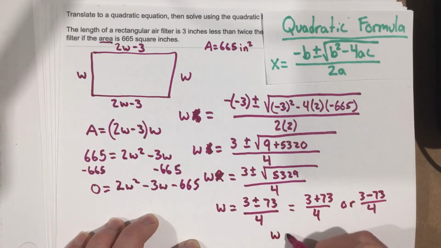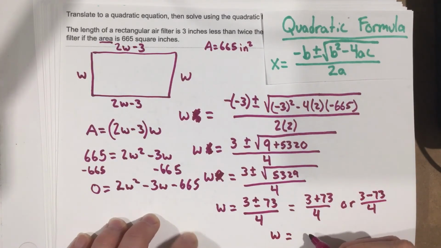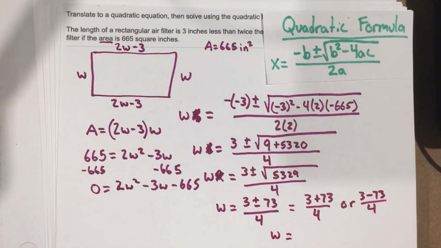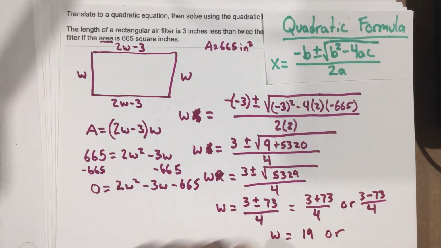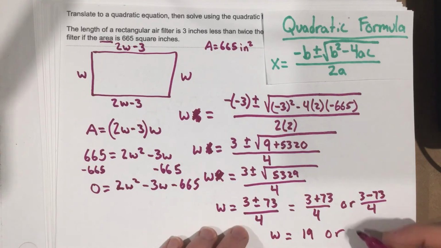Which means w equals 76 over 4. So 76 divided by 4, 19, or 3 minus, so negative 70 divided by 4, negative 17.5.